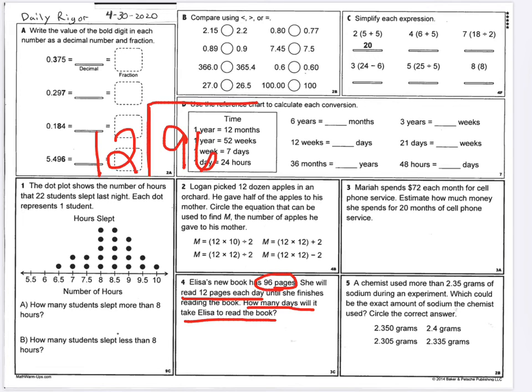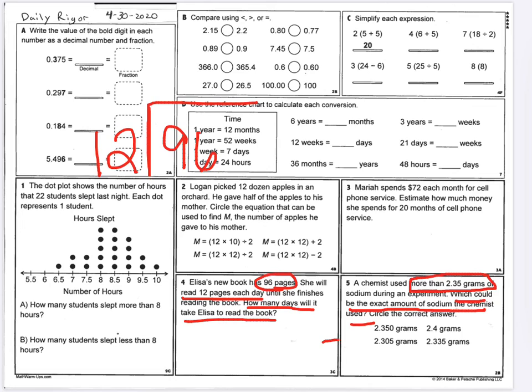Number 5, a chemist used more than 2.3500 grams of sodium during an experiment. Which could be the exact amount of sodium the chemist used? Okay, so we're looking for the exact amount of sodium the chemist used. He used more than 2.3500 grams.